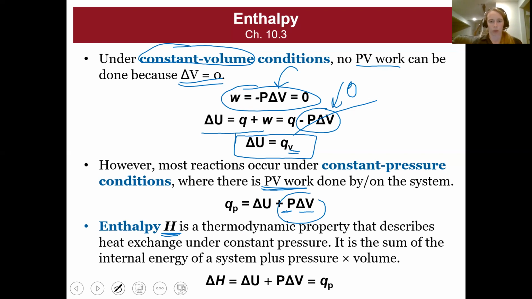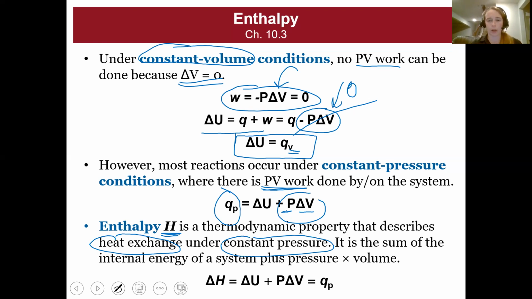So, like I said, heat exchange, or Q, under constant pressure, this Q_P, is enthalpy, as I'll show you in the next equation. So enthalpy is the sum of the internal energy of the system plus pressure times volume.